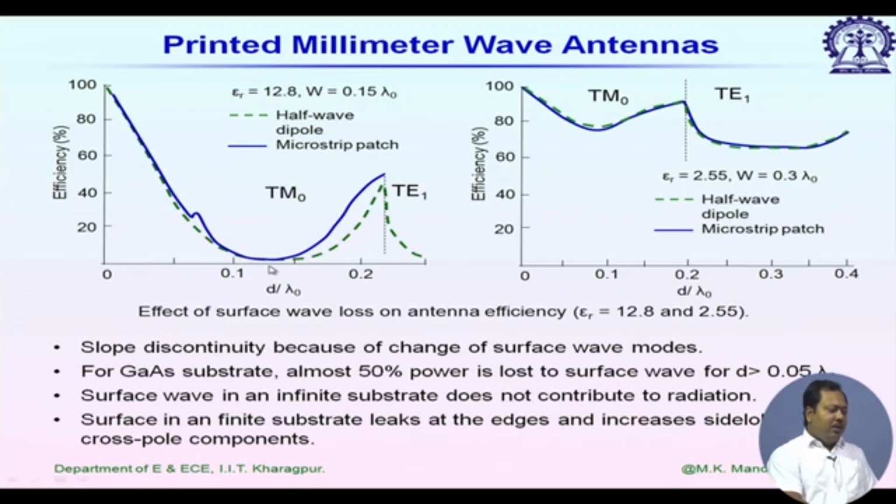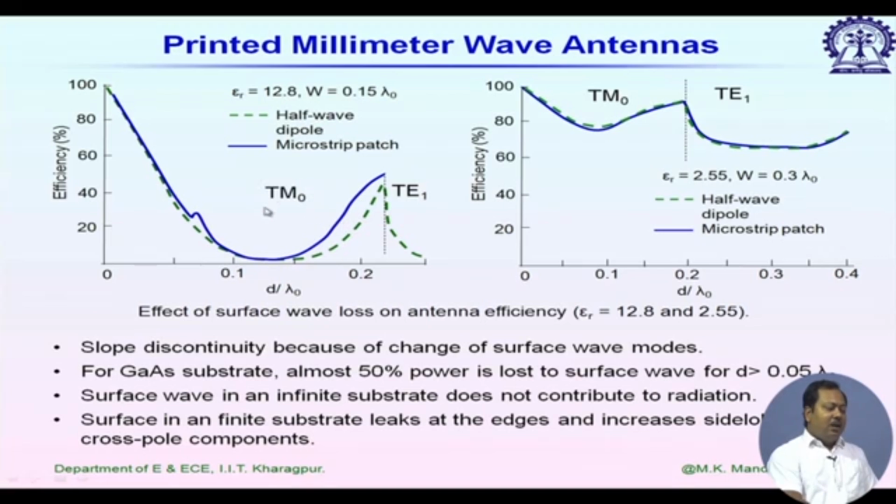Now, after 0.11, we are again plotting the efficiency for microstrip patch. So, this increment in antenna efficiency is not due to radiation from the patch, but due to the radiation from surface wave.